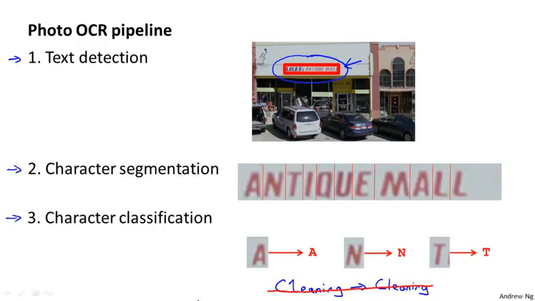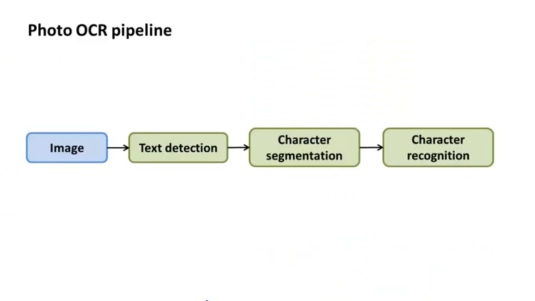A system like this is what we call a machine learning pipeline. In particular, here's a picture showing the Photo OCR pipeline. We have an image which is then fed to the text detection system. And having detected the text regions, we then segment out the characters, the individual characters in the text, and finally we recognize the individual characters.